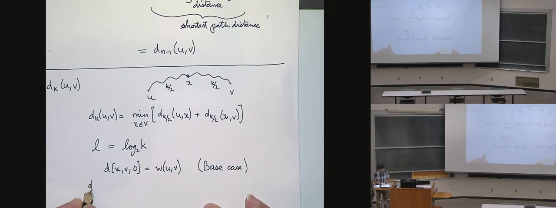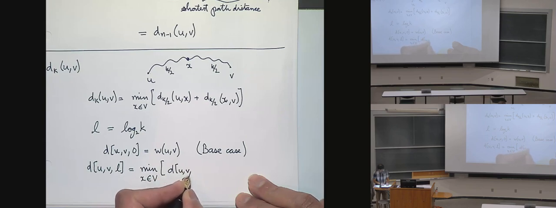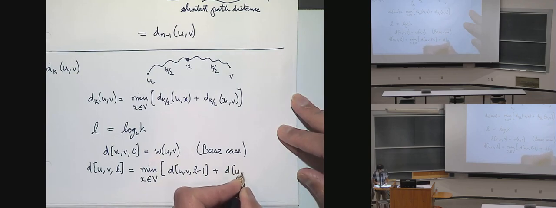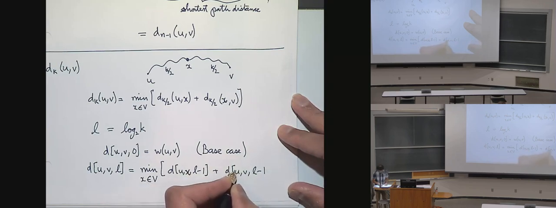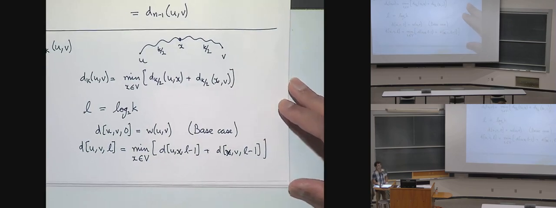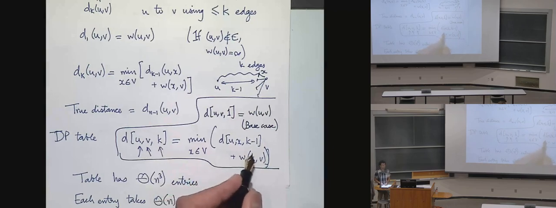And then I say d_uv^L is equal to the min over x over all vertices of d_ux^(L-1) plus d_xv^(L-1). This is my recurrence now. It's different from the previous one.